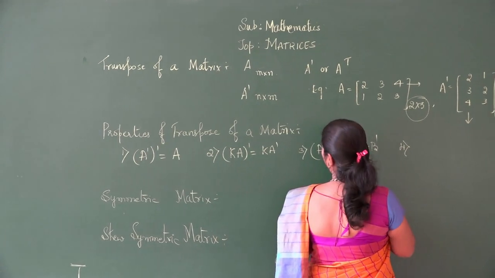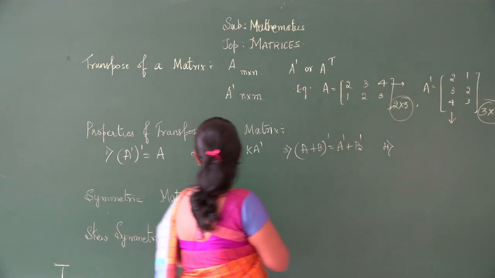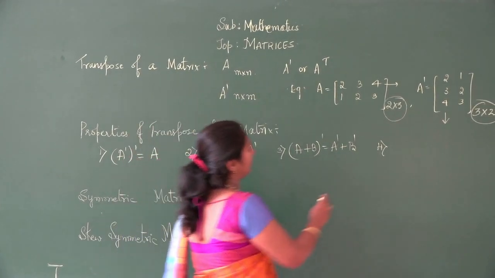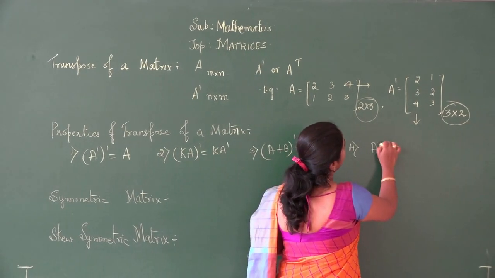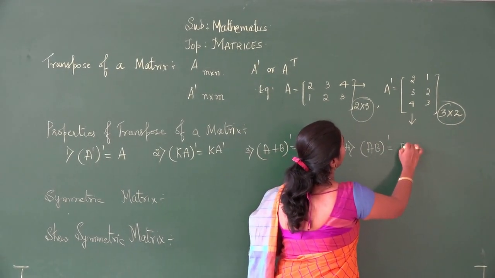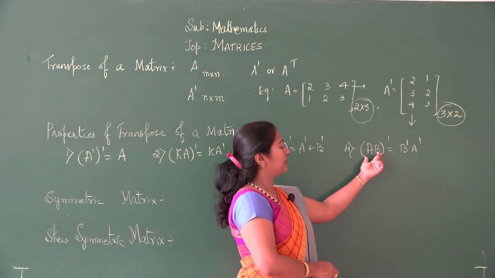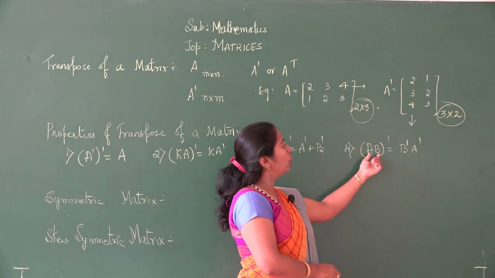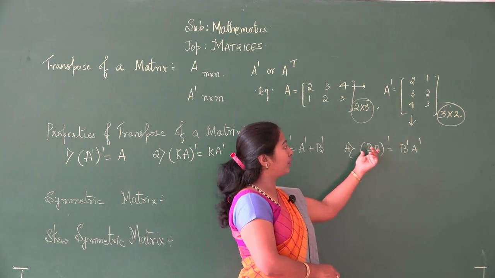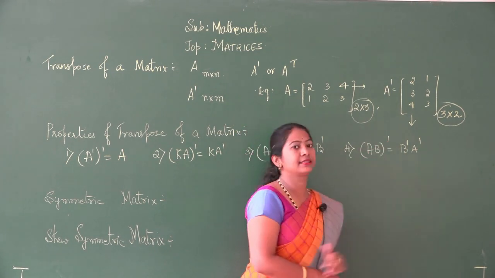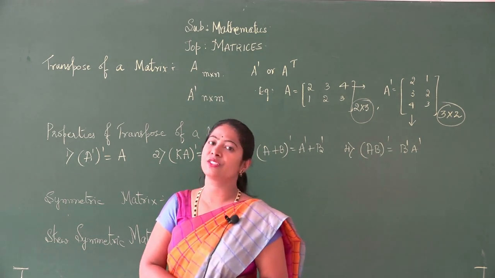And the last property of transpose of a matrix, that is AB whole dash is equal to B dash into A dash. AB is in terms of multiplication. When you transpose the product of these two, you will get the resultant answer as B dash A dash.